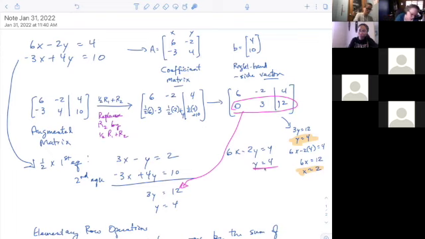All right. So remember this? We needed to get a value for x and for y. Remember, this is the x column and this is the y column. To get a value for y, we had this non-zero value here.